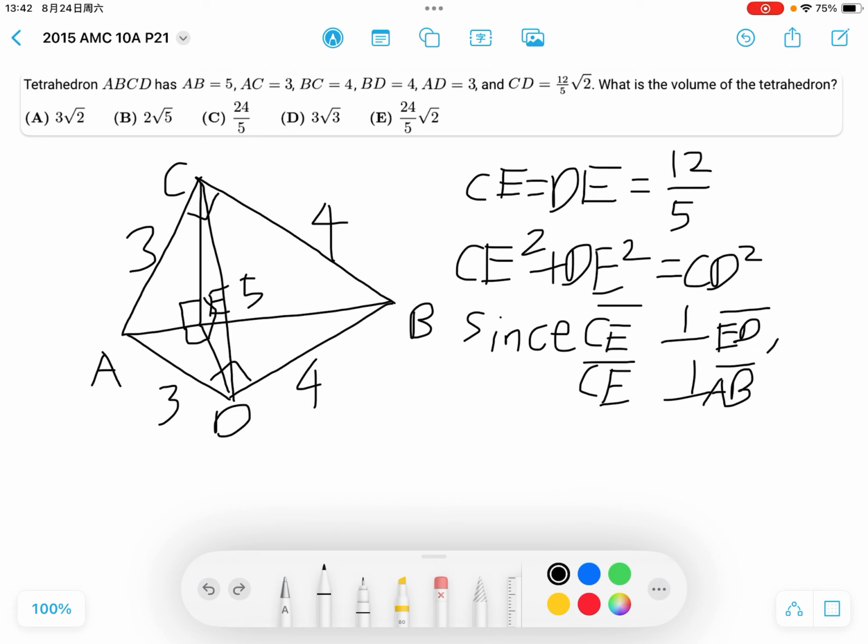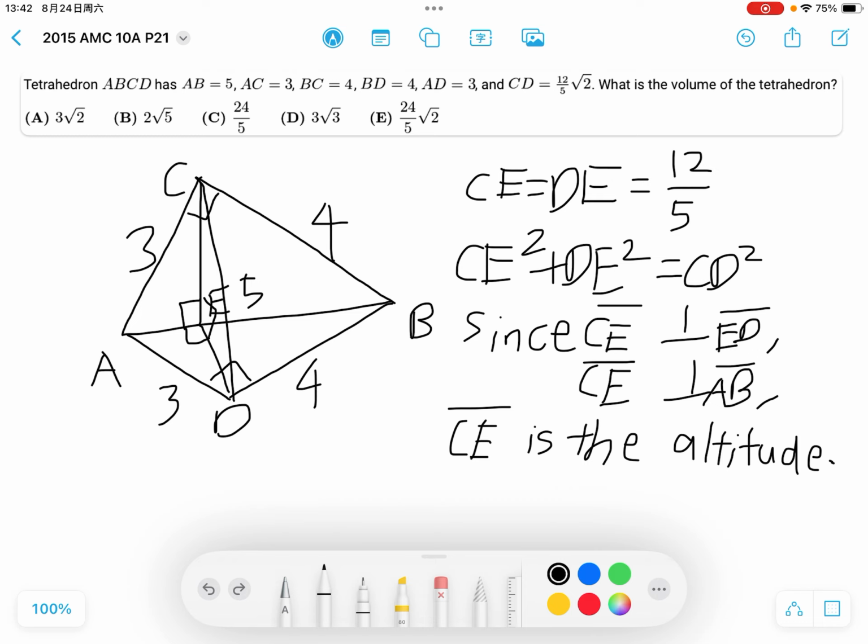So actually, we already know that CE is the altitude of tetrahedron ABCD. And why is that? Because essentially what the altitude means is a line segment that starts from the vertex of the tetrahedron, and it's perpendicular to the base of the tetrahedron, and CE fulfills our requirement.